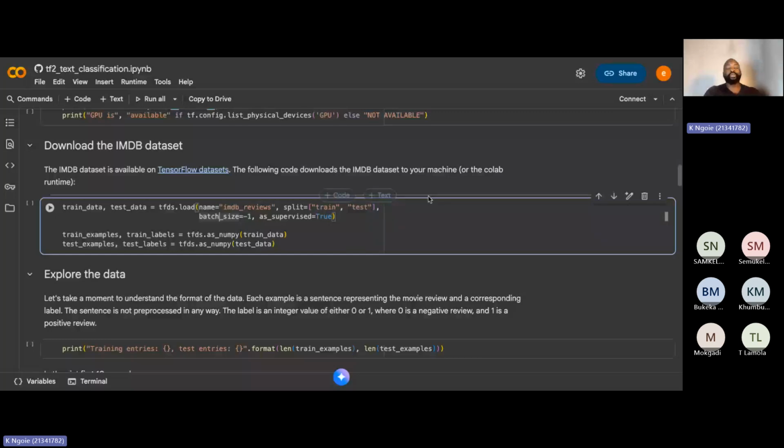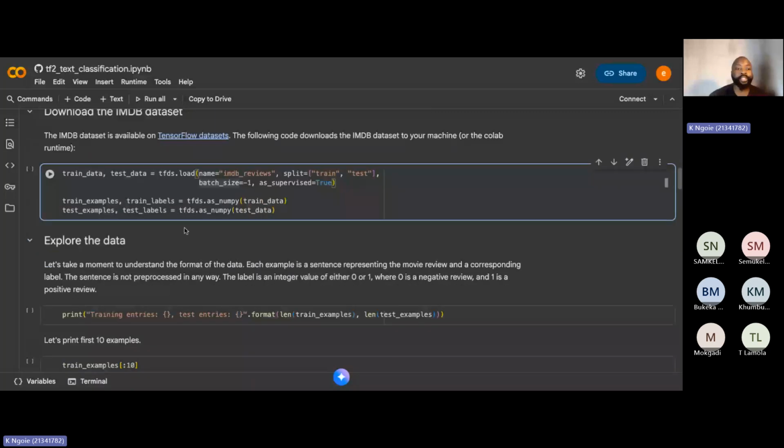Remember when we talked about gradient descent, we said if we use a certain batch size, it means we can use mini batch gradient descent or stochastic gradient descent there. So this is just to show the data.